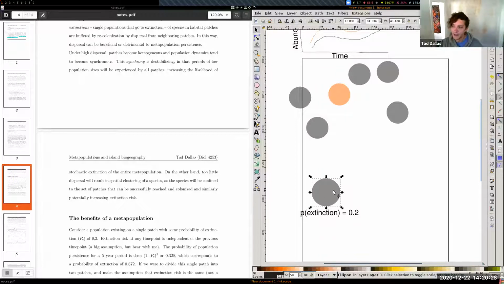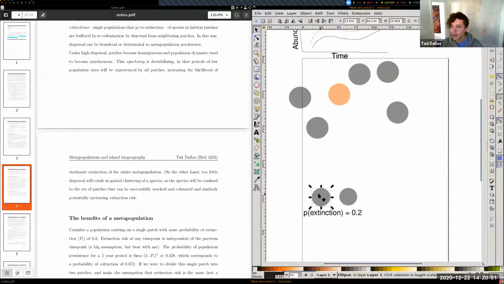If you were to cut this patch in half, I'll make it smaller, and you had two separate populations now, and we still keep the same extinction probability, so the probability of either one going extinct is 0.2.